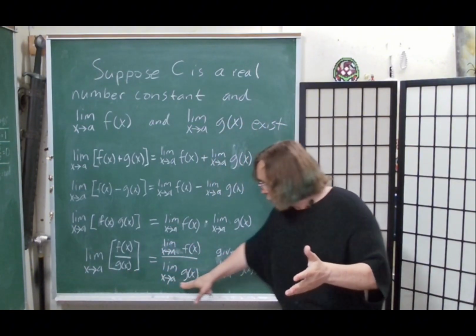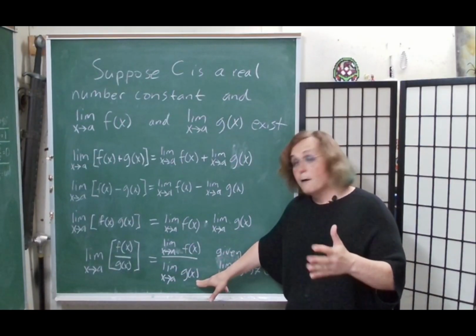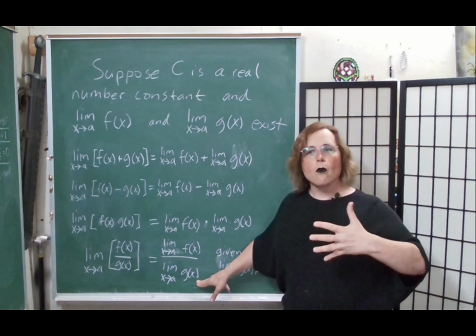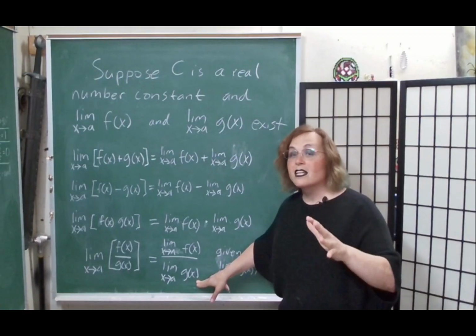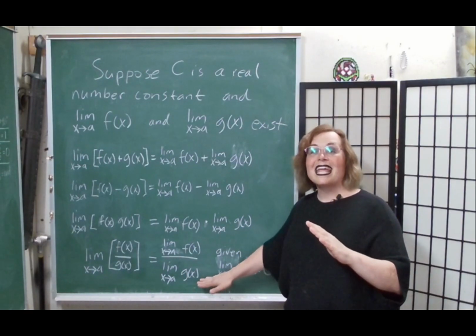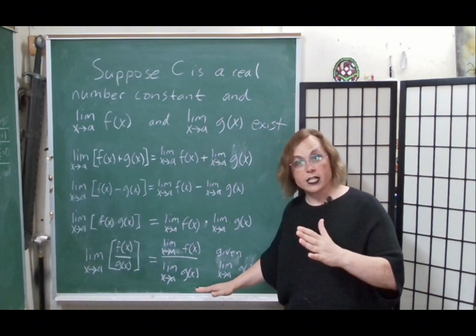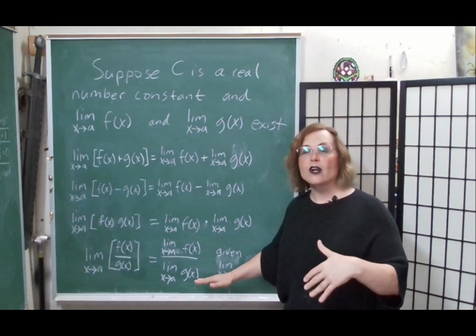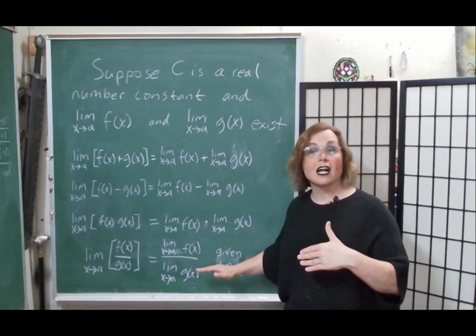But here, this could potentially be zero, and zero may not be an undefined value specifically for this limit, but in this quotient, it would cause the quotient to be undefined, and we're not taking the limit of this quotient, we're taking the quotient of limits.